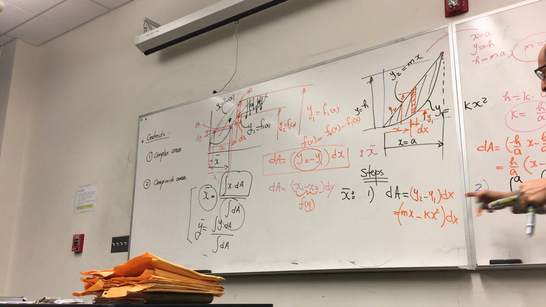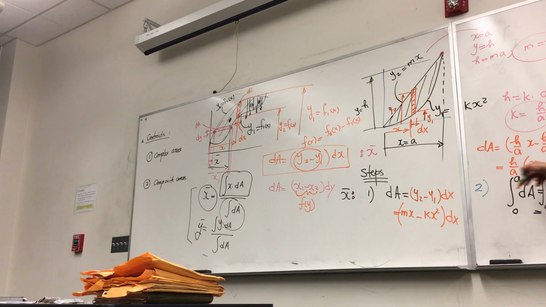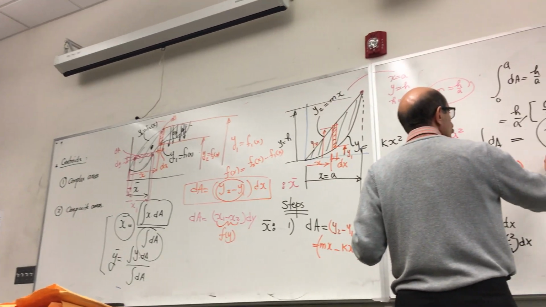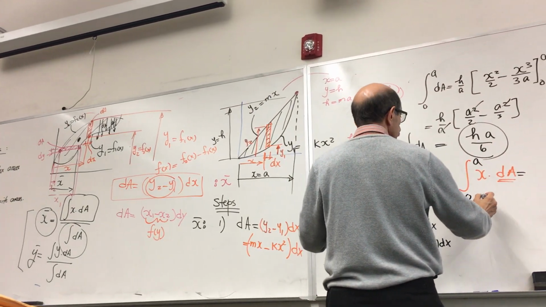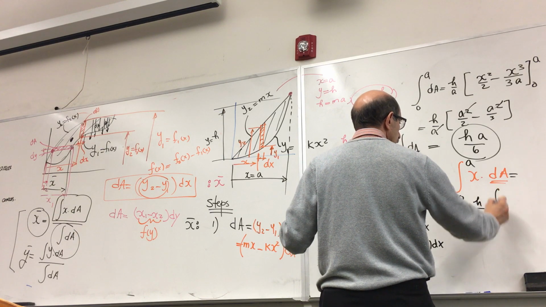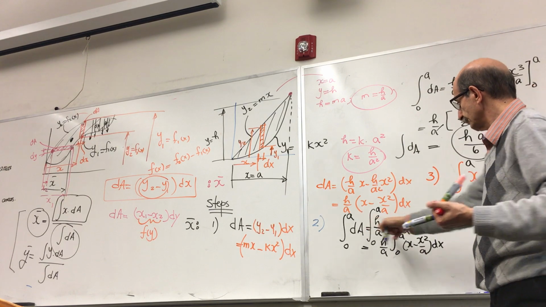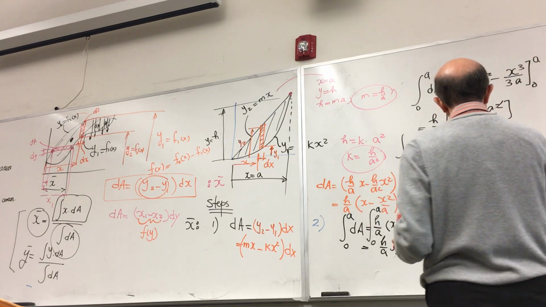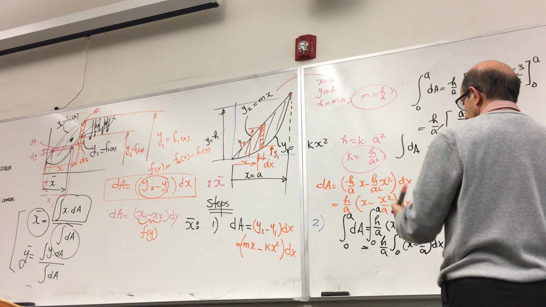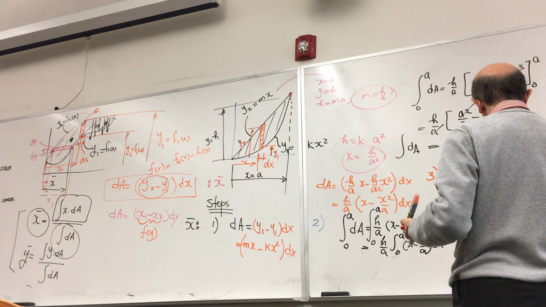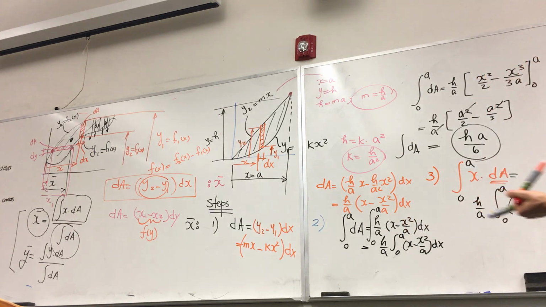You already have a function for dA, or this is a simplified version. You just have to multiply that by x. And bounds of integration are the same, 0 to a. So that would be h over a, integral from 0 to a of x times this, okay? So you have basically x squared minus x cubed over a dx.